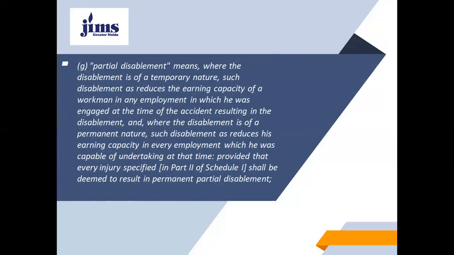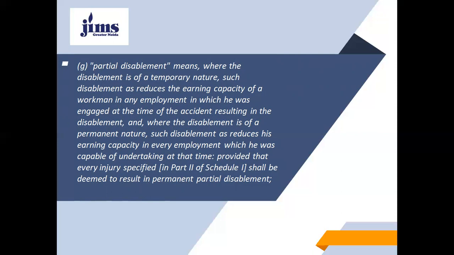And for the purpose of this Act, the definition of partial disablement is also given under section 2(1)(g), which describes that where the disablement is of a temporary nature, it means such disablement as reduces the earning capacity of the employee in any employment in which he was engaged at the time of the accident resulting in the disablement.